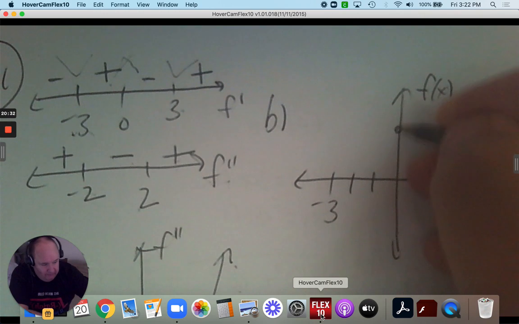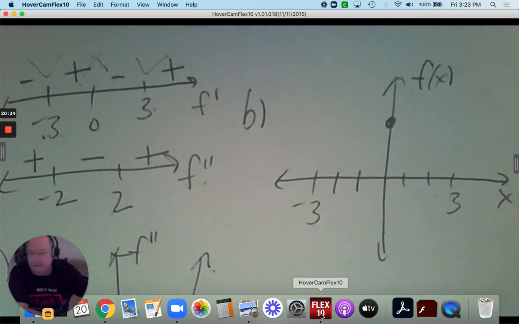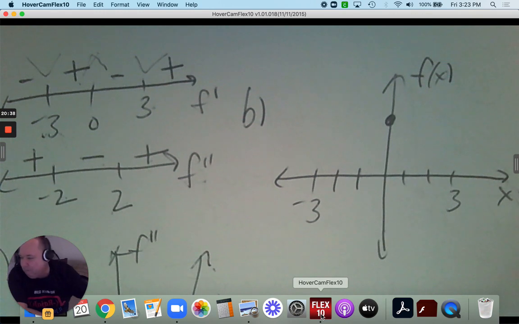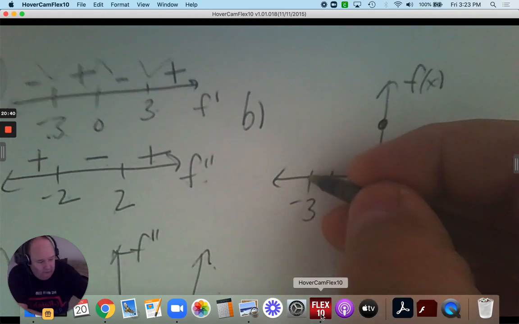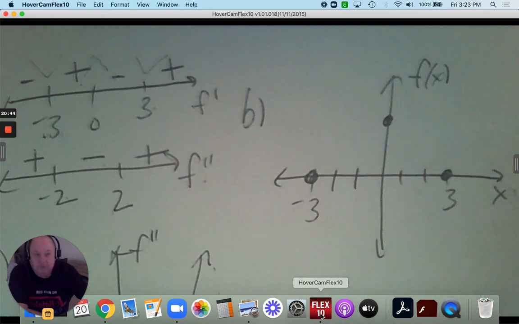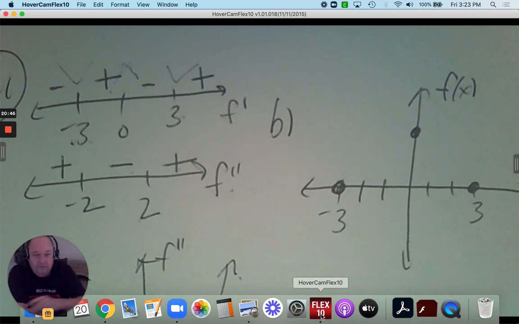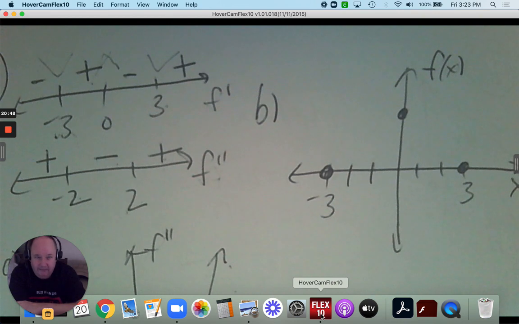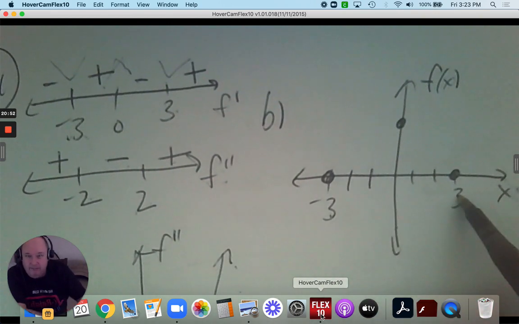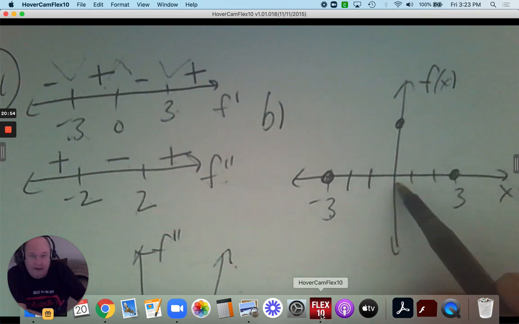So we're going to put a maximum here. Let me put a minimum. I don't have any point to start with, right? So at -3 and at +3, those are minimums. And then I just have to worry about concavity. So I have a minimum at -3, a minimum at +3, and I have a maximum at 0.